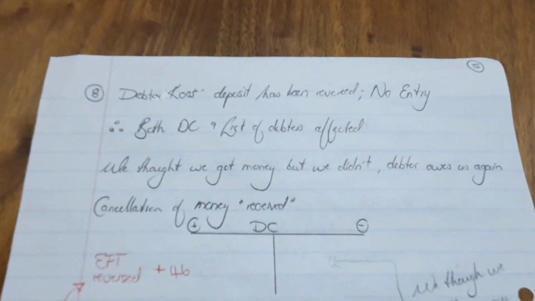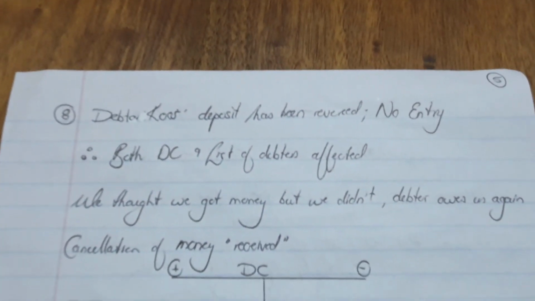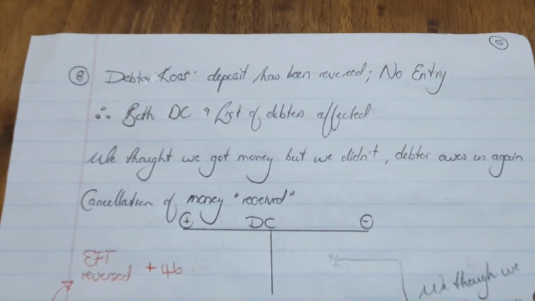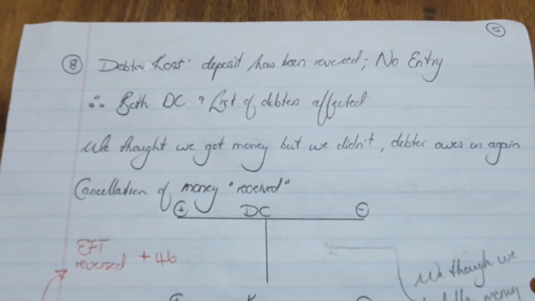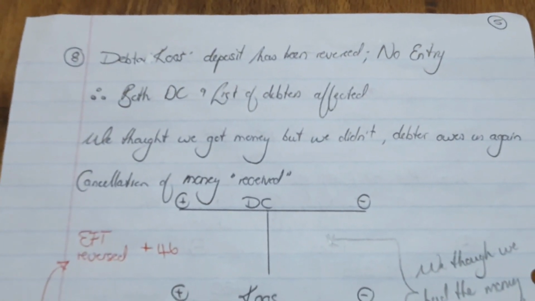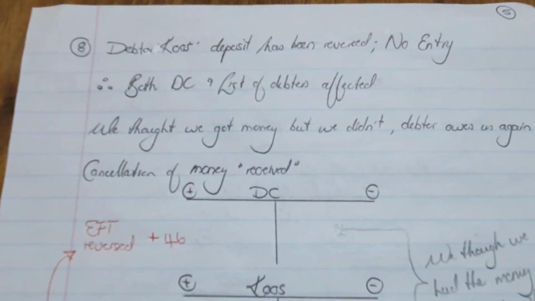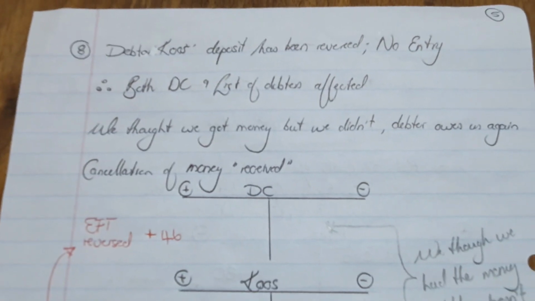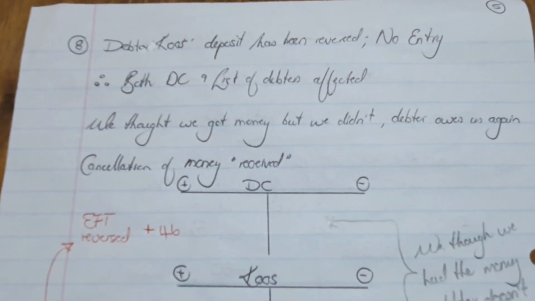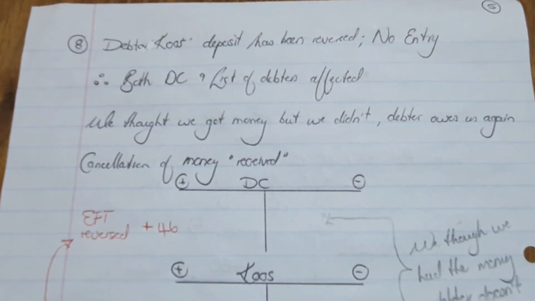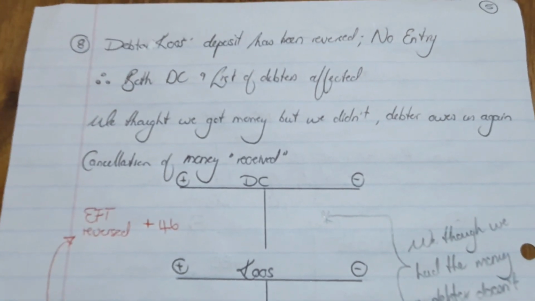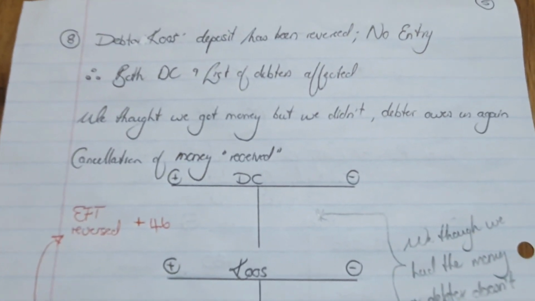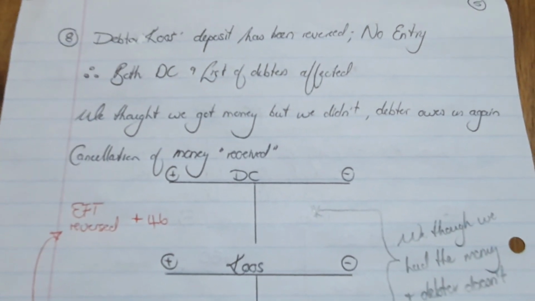At number 8, Koos has deposited money into our account. So we thought we got his money, but then the bank let us know that there was no money actually received from Koos. So now, because his account was originally credited, because of this reversal, we need to cancel the previous credit entry. No entry was yet made for this reversal.